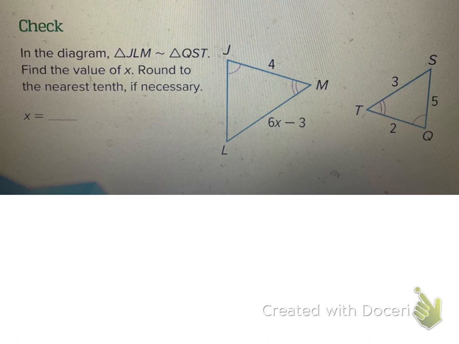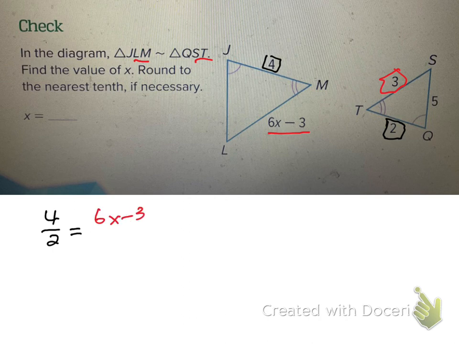So here, when I set up my proportion, I set it up as JM, which is 4, over QT, which is 2, equals. Then I did LM, which is 6x minus 3, still in the numerator, over ST, which is 3. I had to do ST because it's corresponding with LM, okay?